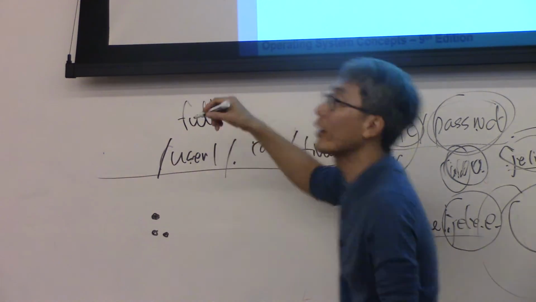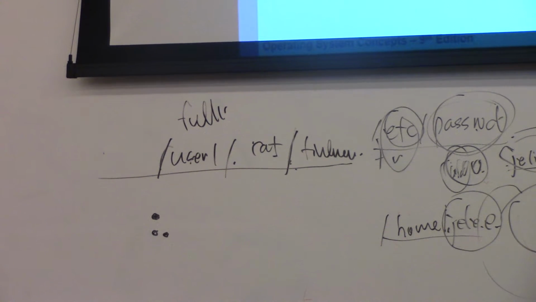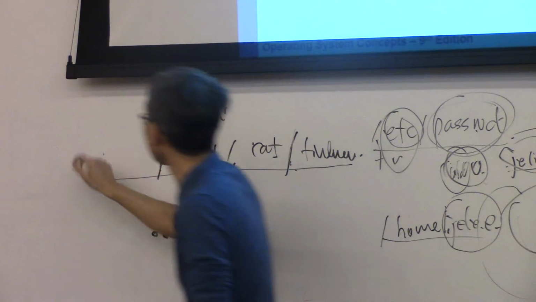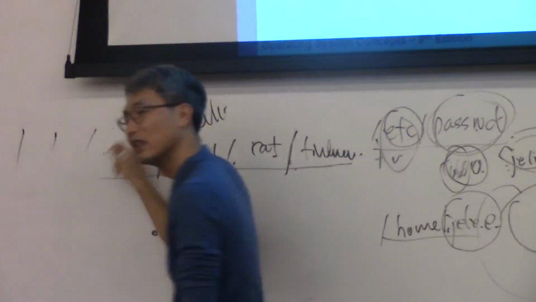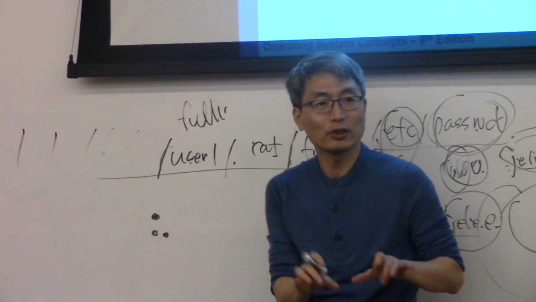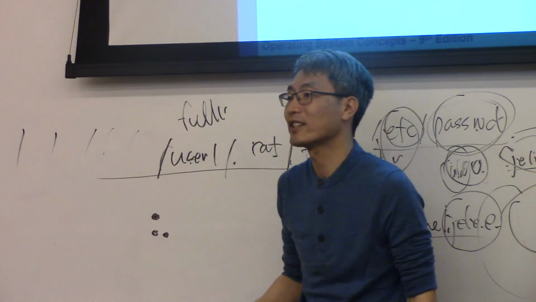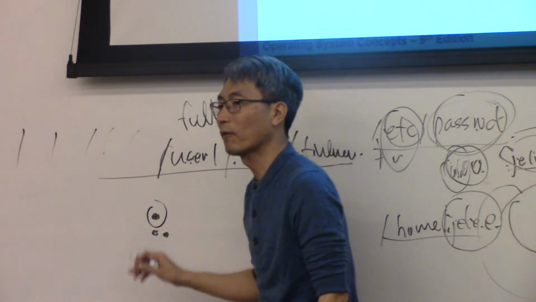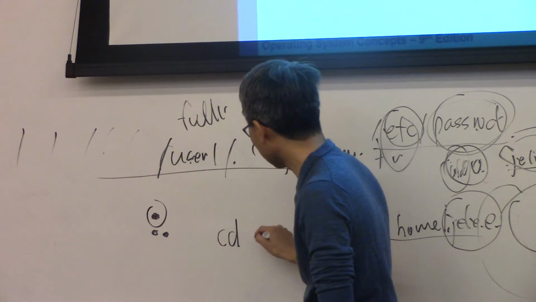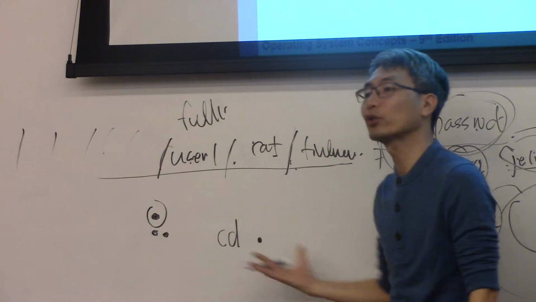Full path means always start from the root, like spell, mail, printer first, then this one. So sometimes, if you have this multi-level, it will be hard to specify the current directory. Instead, current means dot.